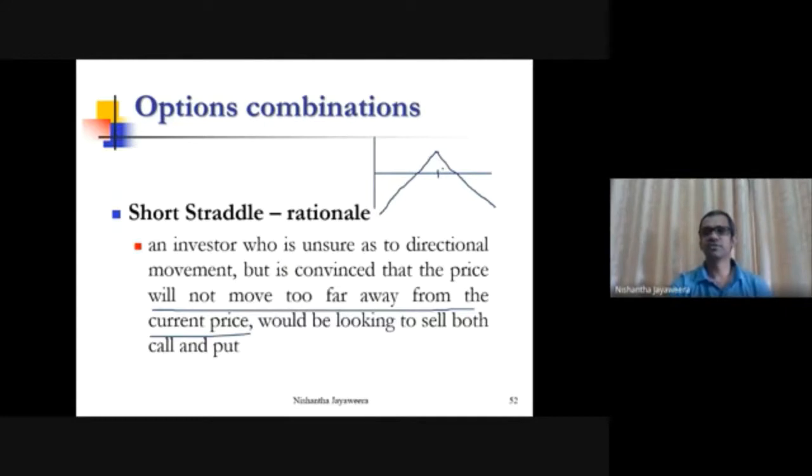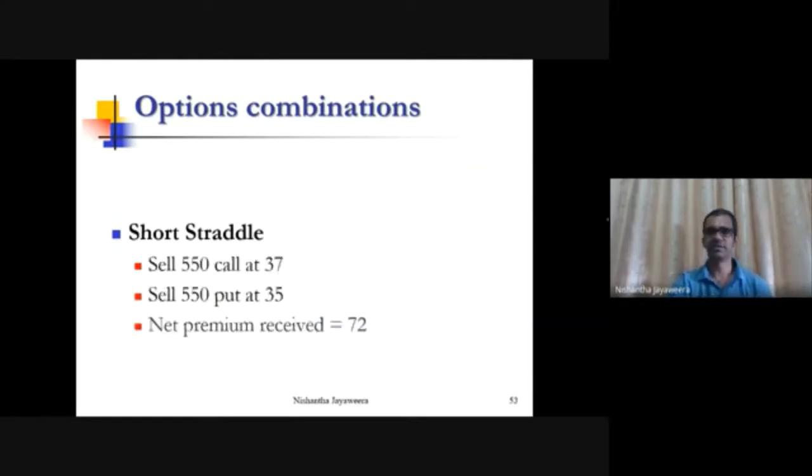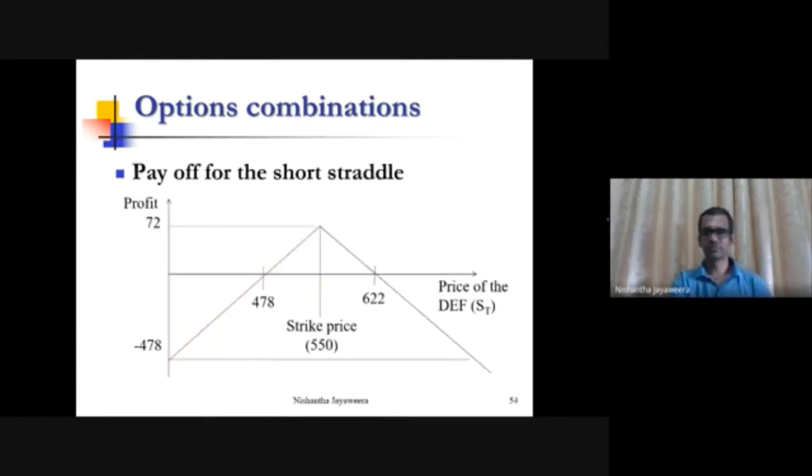So you assume most of the time prices remain in between these and collect whatever profit. That is your expectation. But this is a highly risky strategy. If volatility increases, you would never know what your loss would be, unlimited loss. So this is with the numbers.